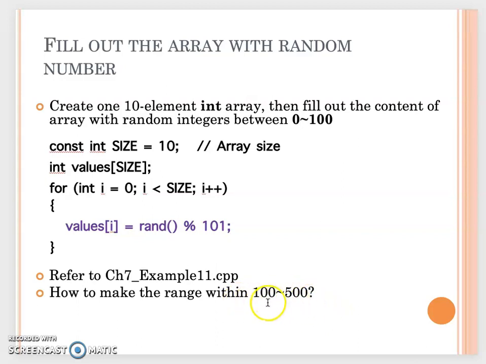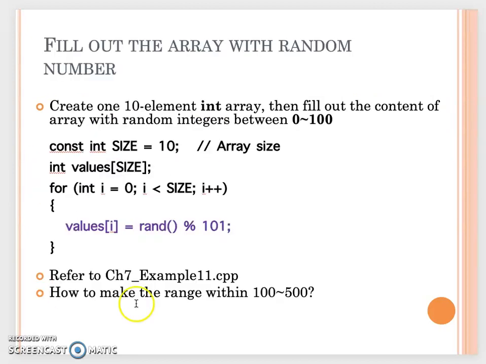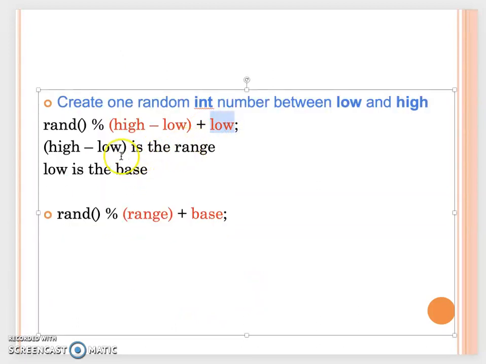So this 400, which one should I choose? That's why here we will mod by high minus low. Then since our base starts from 100, we just need to add the low. That will give you a random number between low and high, because sometimes your low may not start from 0. So here we can use a calculation like this.